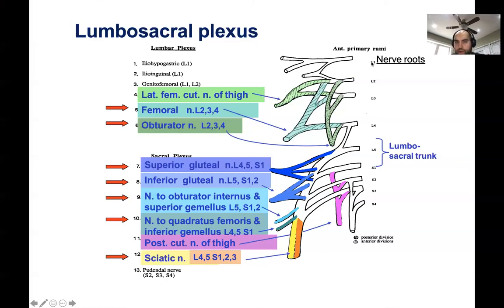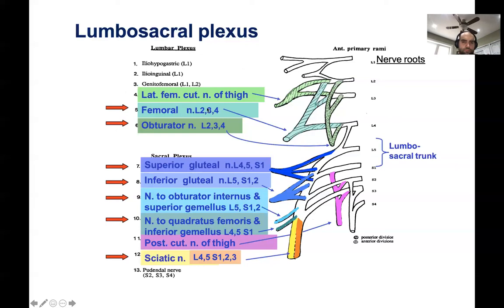So we have L1, L2, L3, all the way to S4. So they correspond to these levels over here. The lumbosacral trunk pretty much refers to the unity between the sacral nerves, so S1 to S4, and the lumbar nerves, so L1 to L5.